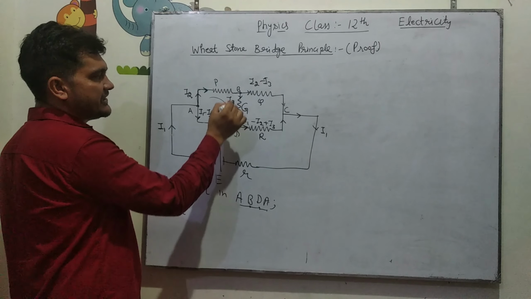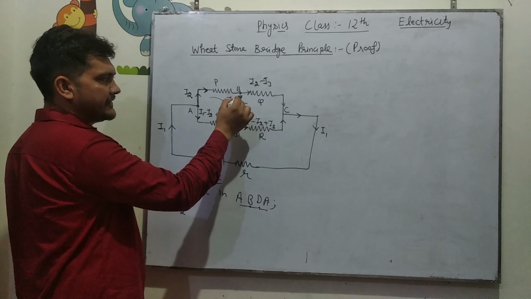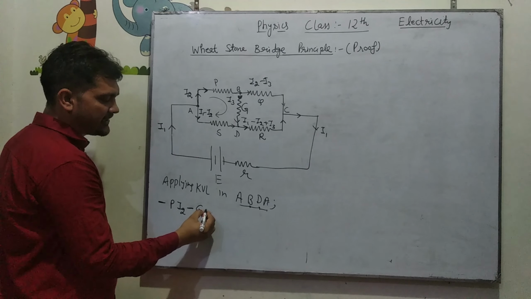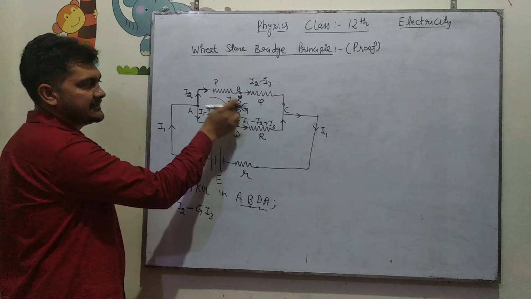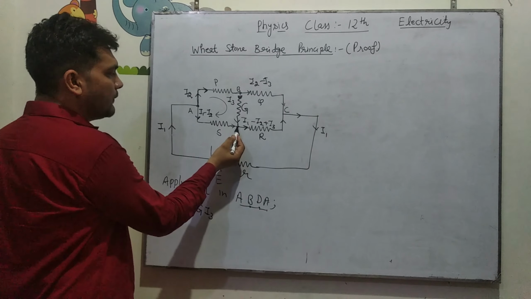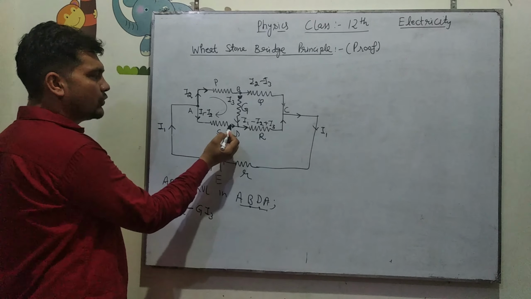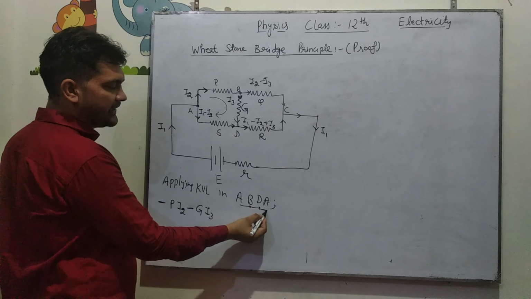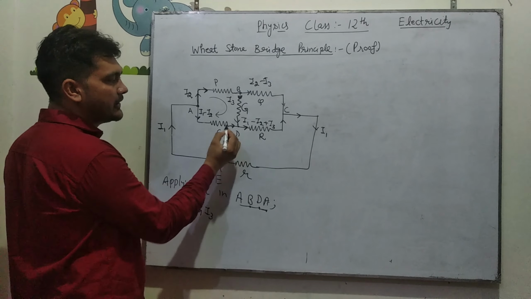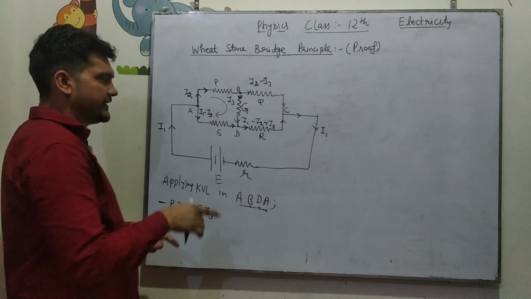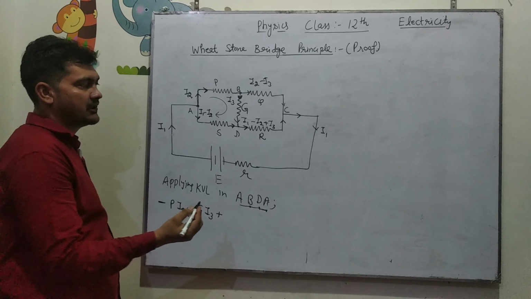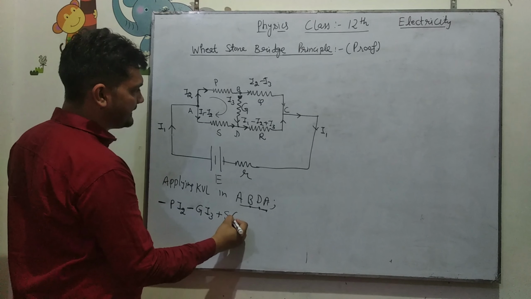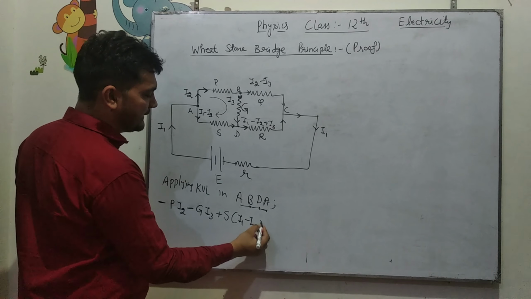Now from B to D, again we are moving in the direction of current, therefore there is a loss of potential. So again it is a negative sign, and drop of potential is G into I3 because I3 current is flowing. And now from D to A, I am moving opposite to the direction of current. The direction of the loop is from D to A, but direction of current is from A to D. So they are in opposite direction, therefore there will be a gain in potential, and gain in potential will be resistance multiplied by current, S into I1 minus I2.